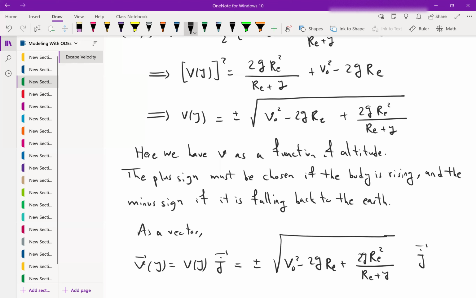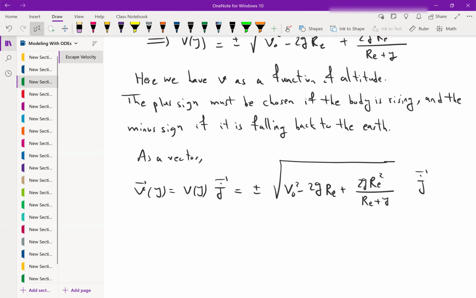That means that we want the speed to be 0 at the altitude h. So this is how you answer the second question. If you want the maximum altitude to be h, you want the speed to be 0 when the body is at altitude h. So that is how we can find h. We are done with the answer to the first part.